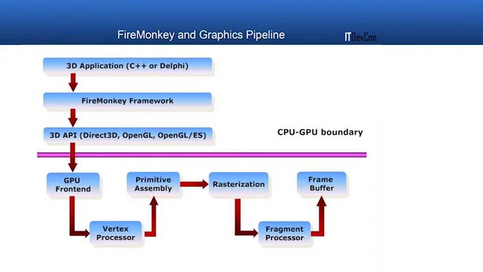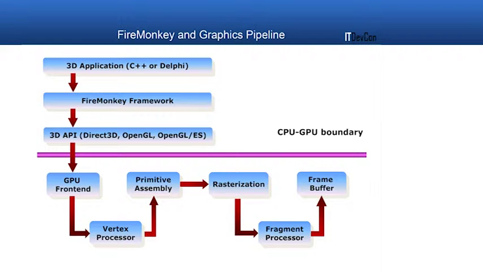On the next slide, in graphical applications that we create, typically we don't have this framework. You just create an application, and if you want to create 3D graphics, you use a 3D API, which depending on the platform can be OpenGL or Direct3D.